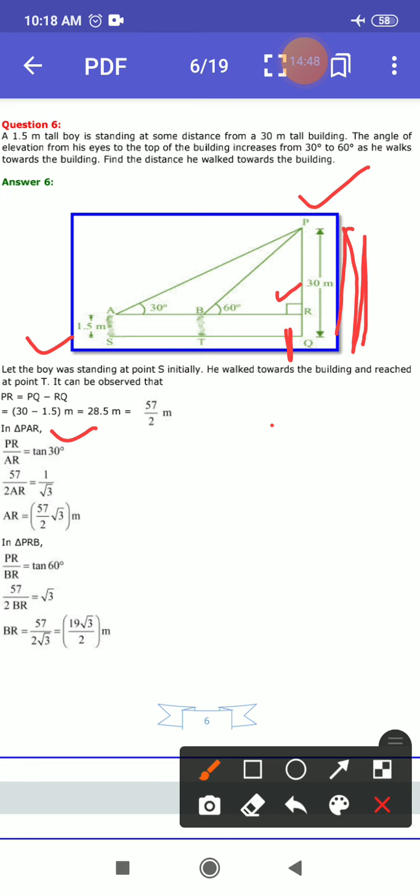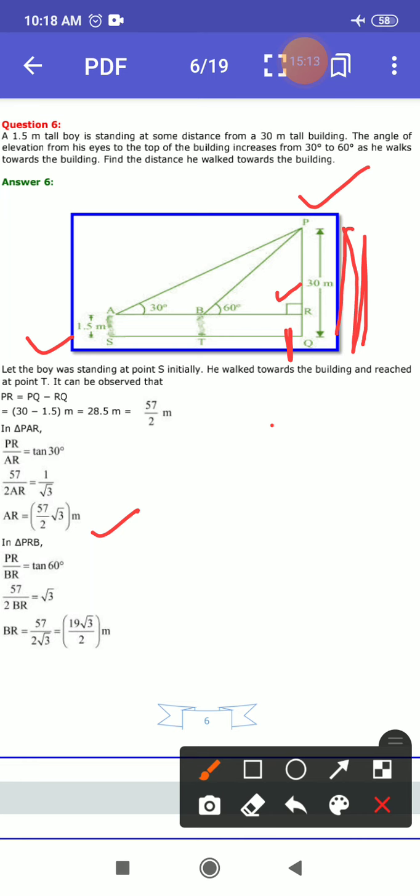Now PR, you have to find before it here, this is your PR. So 57/2 upon AR is equal to tan 30, whose value is 1 upon under root 3, and then after you have to do the cross multiplication and find the value of AR. So AR is equal to 57 under root 3 upon 2 meter.